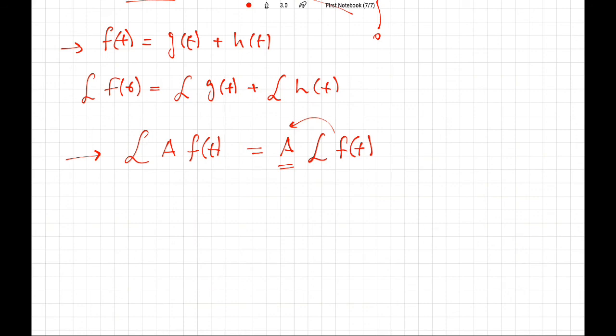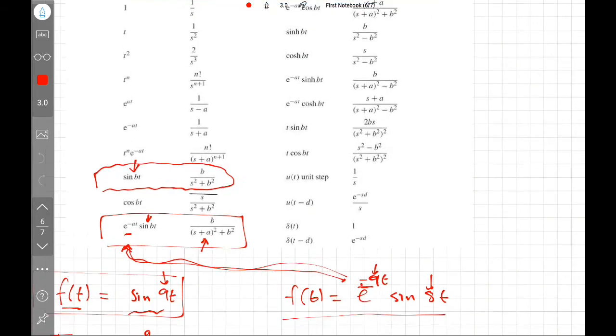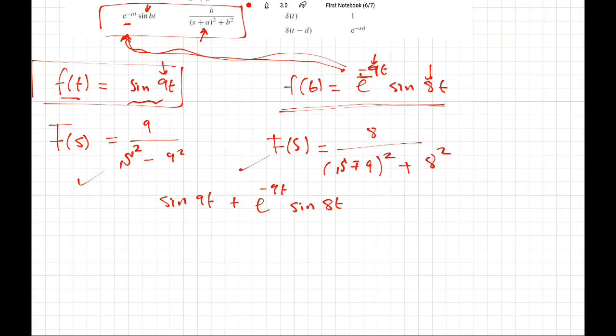Let's do an example. Let's say you have this function, sine of 9t plus this function, e to minus 9t sine 8t. If you are going to find the whole Laplace transformation, you can first find this Laplace transformation and add the Laplace transformation of the next term.